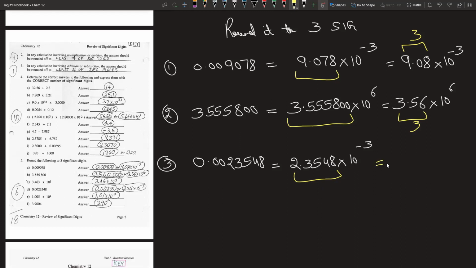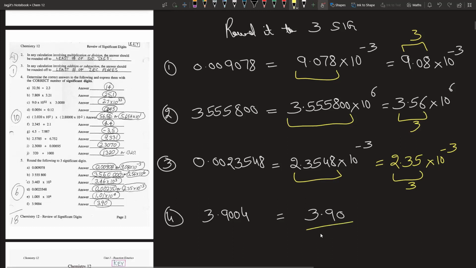We only want 3 sig figs. So you would say it's going to be 2.36 times 10 to the power minus 3. And there you go. Super simple. But if I give you 3.9004 and you want only 3 sig figs, you want to write it as 3.90. That's it. Done. You have 3 sig figs.